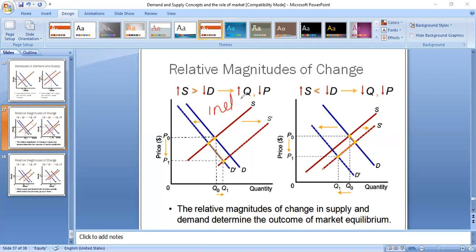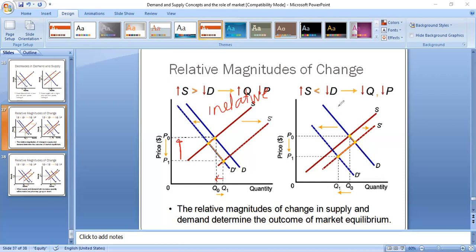With inelastic, we know that a big change in the price will lead to a small change in the quantity demanded, of which the big change in the price can either be a big reduction leading to a small increase in the quantity demanded, or a big increase in the price leading to a small reduction in the quantity demanded of a good or service.